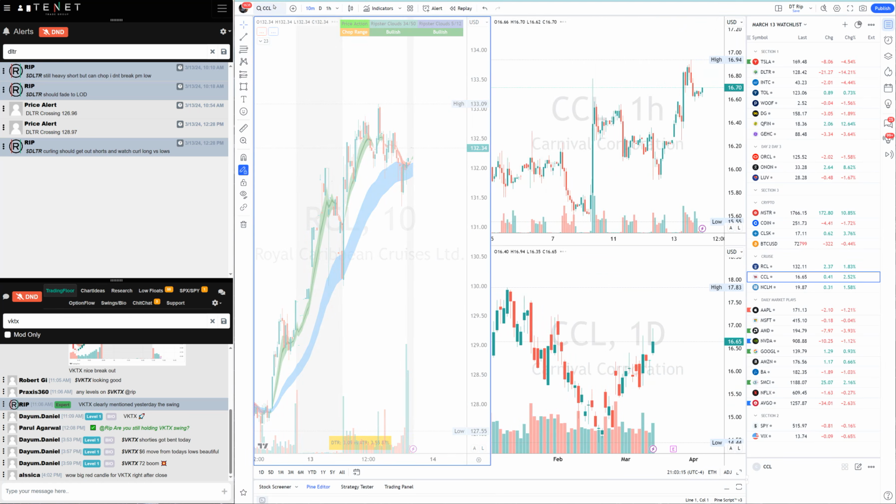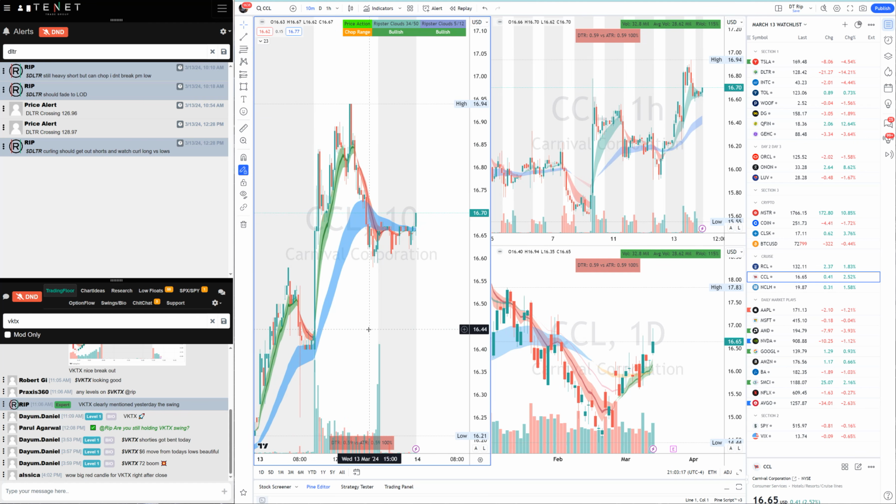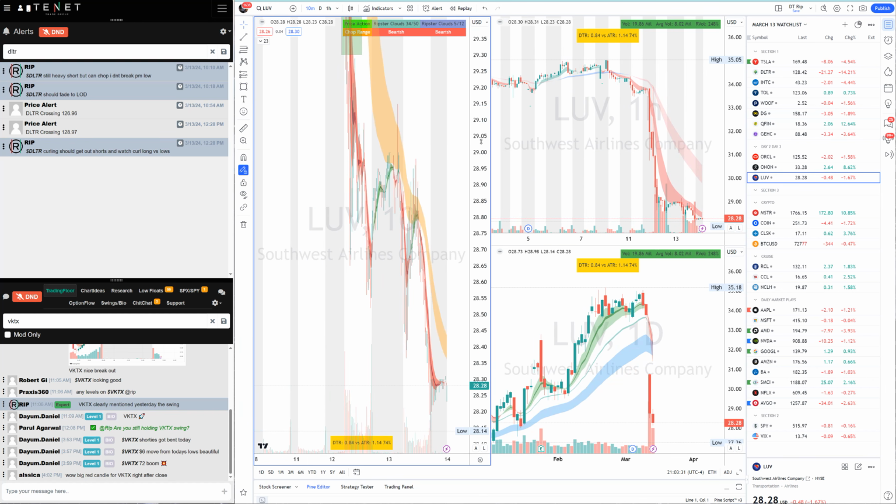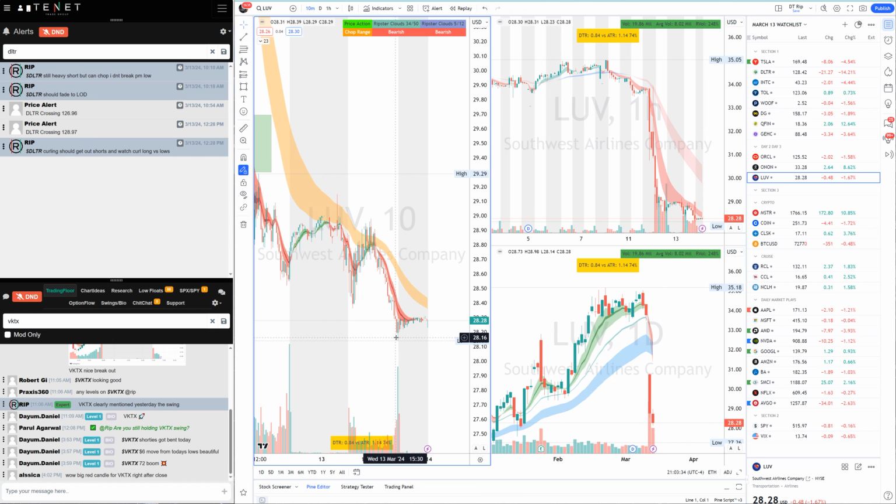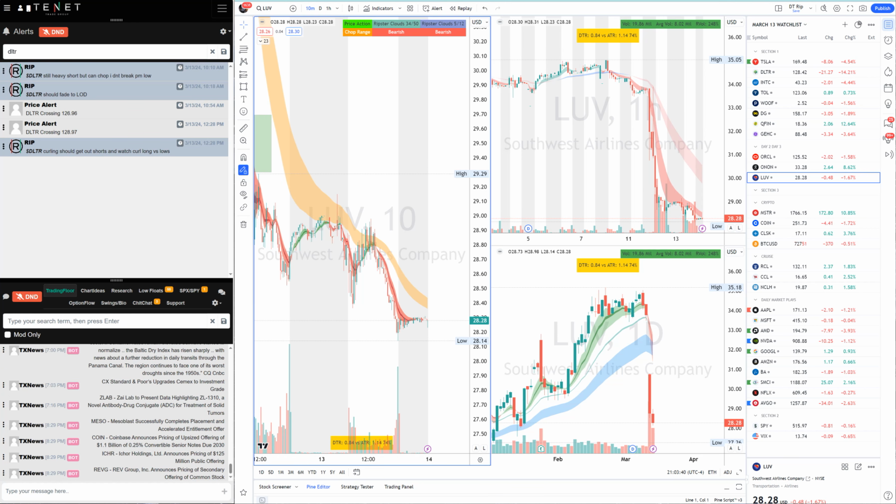A little small range for my taste, but you can go back and pause and see how they worked out. Then we have Love, which was another airline from day 2, and that was kind of choppy as well today, so I didn't really touch it or have any comments on that.